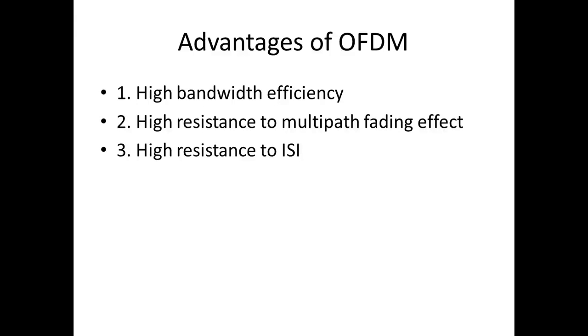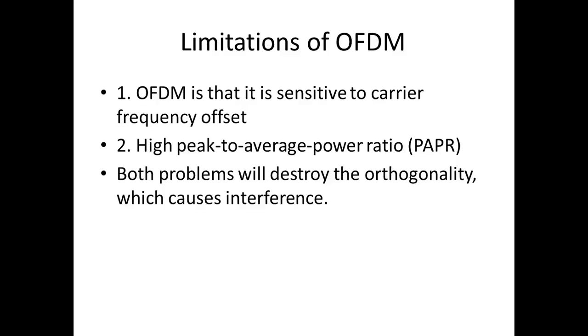However, there are also two main limitations for OFDM. The first one is that OFDM is sensitive to carrier frequency offset, and the second problem is the high peak to average power ratio. Both of these problems will destroy the orthogonality, which causes interference.